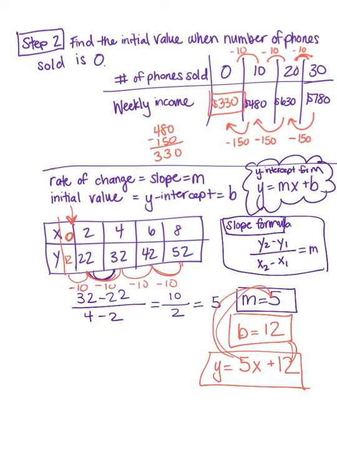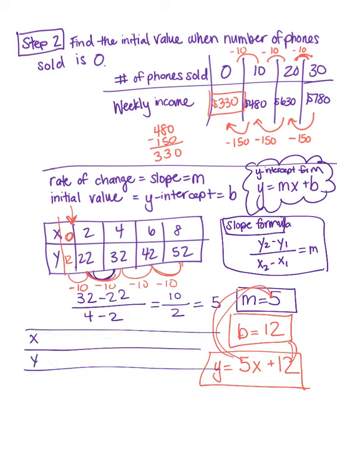I'm going to switch back to purple because red's aggressive. Okay, so we're going to have our x values and our y values. I'm just going to put this in here for when we find our b, so that's going to be our 0, just to get ahead.